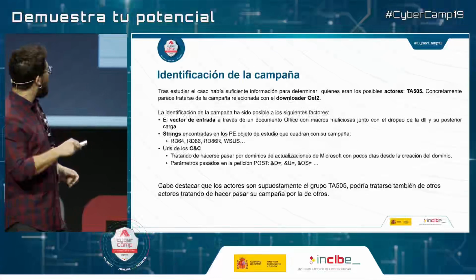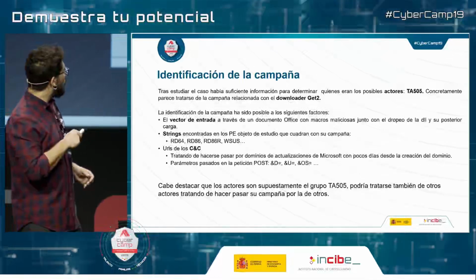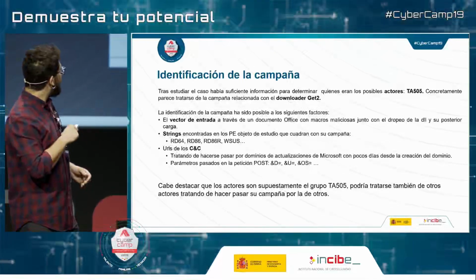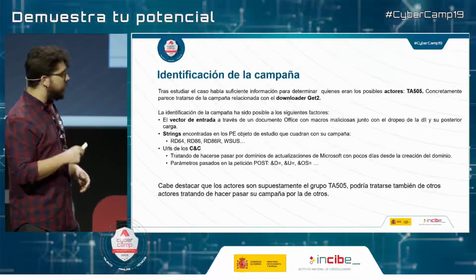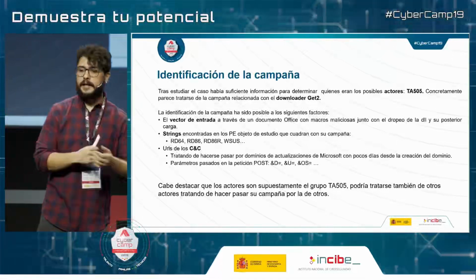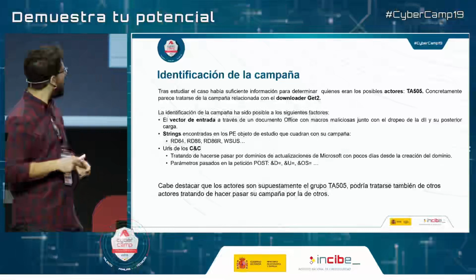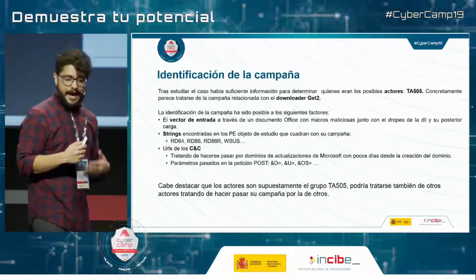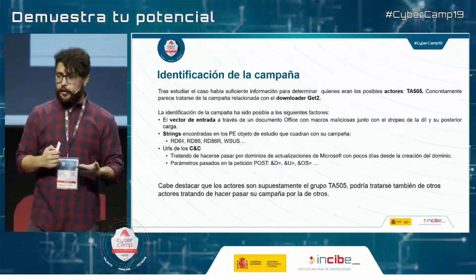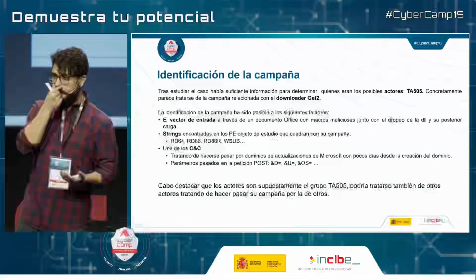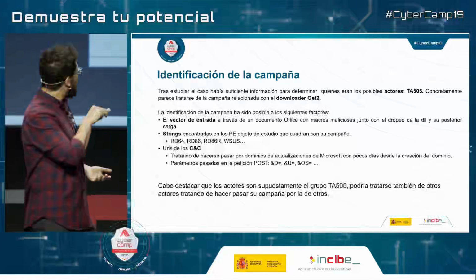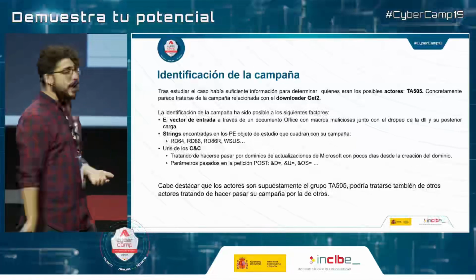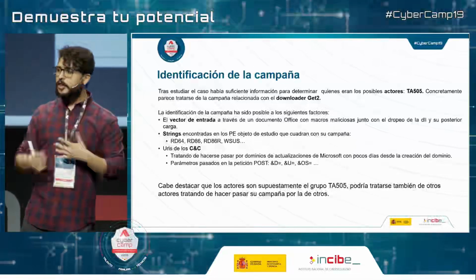How did I find out that these are the attackers? Well, we have the vector of entry which matches things that I've been researching, such as strings RD64, RD86, also the command and control URLs pretending to be Microsoft URLs, help-me-2, and also command and control.